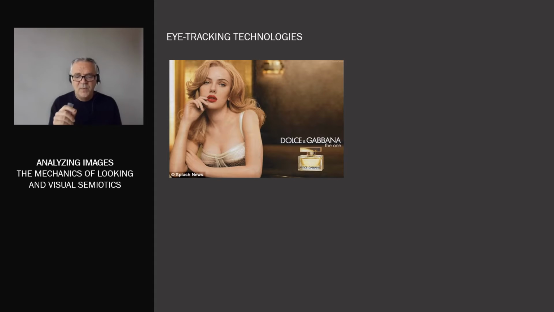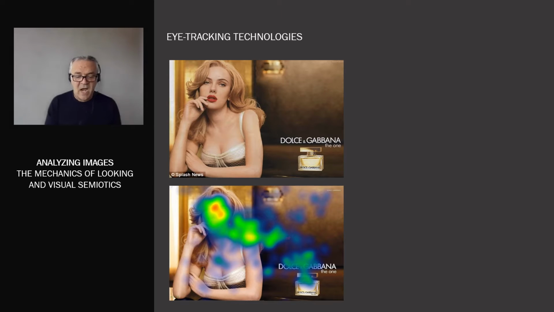Of course, they're hoping we'll be struck by the presence of the Hollywood celebrity Scarlett Johansson. And eye tracking technology confirms this, not least because faces are so important to us. And in this case, the eye tracking is depicted in a slightly different kind of heat map device. It's a technique to show again where the eye settles and where it keeps returning.